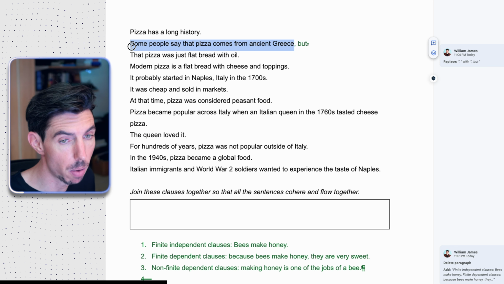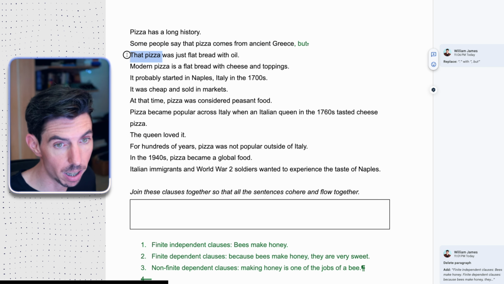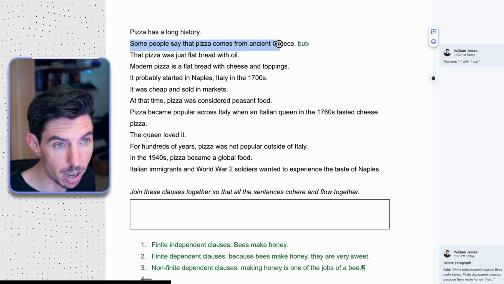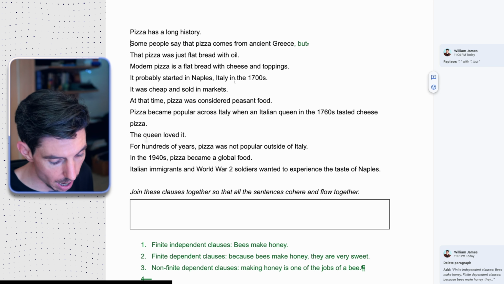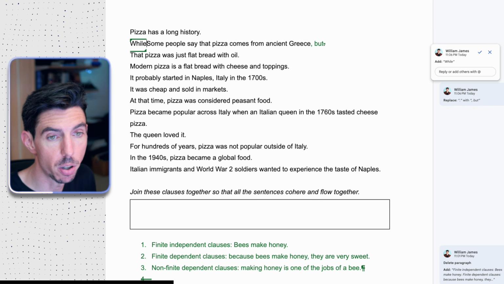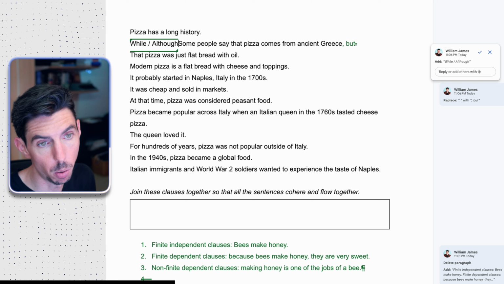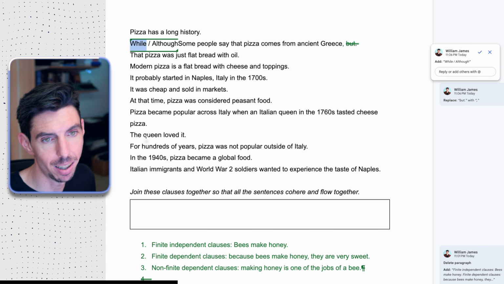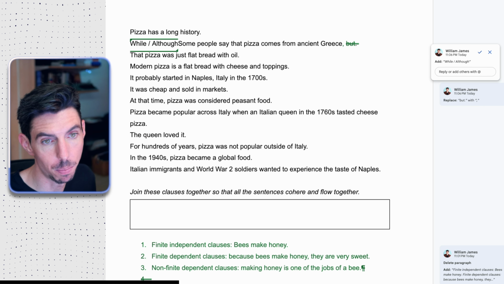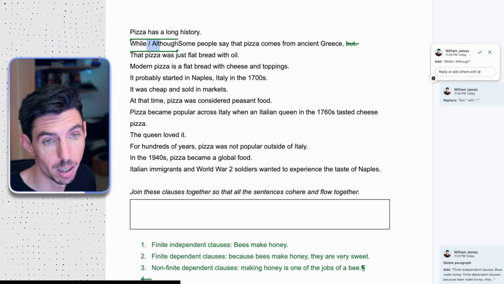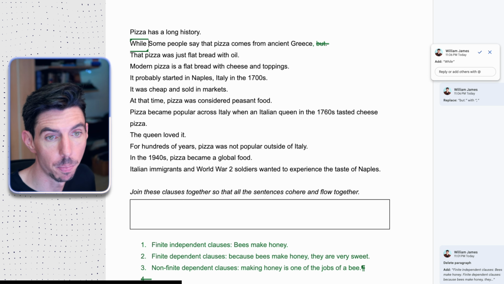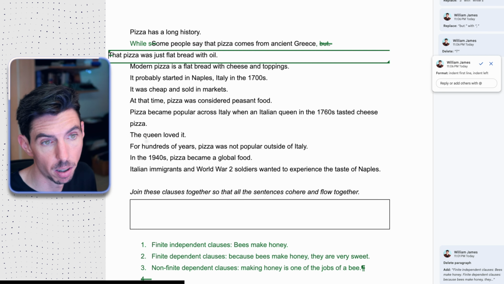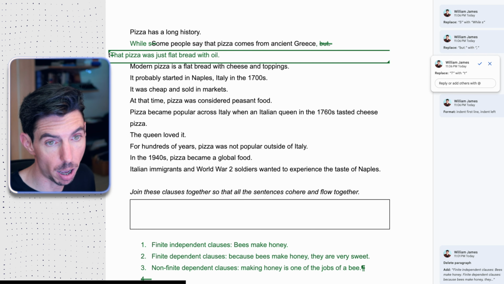We want to make it small so that "that pizza" becomes the focus of our sentence. So let's make this dependent by attaching a subordinating conjunction to it, such as "while" or "although." Okay, "but" is for independent clauses, and these are better, these form dependent clauses. So we'll go with "while" here. "While some people say that pizza comes from ancient Greece, that pizza was just flatbread with oil."